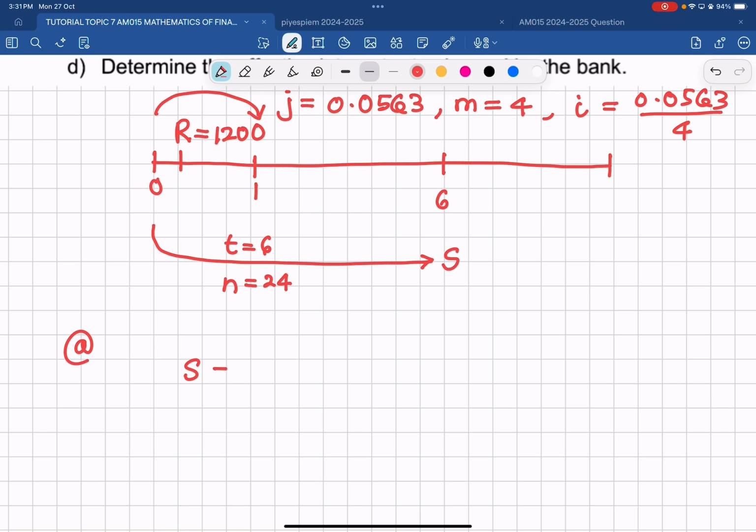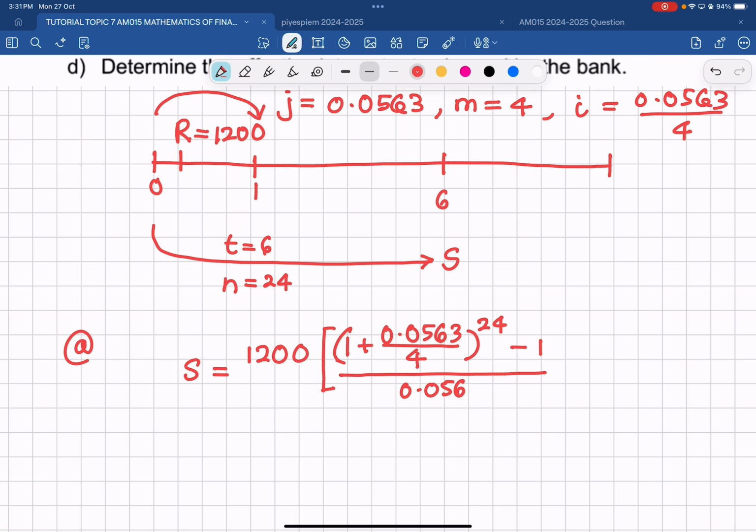S, the R is 1,200 times (1 plus 0.0563 divided by 4) power 24 minus 1, over 0.0563 over 4. Tutup balik bracket.